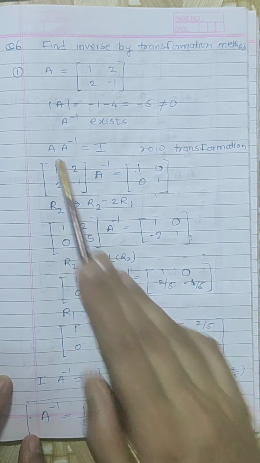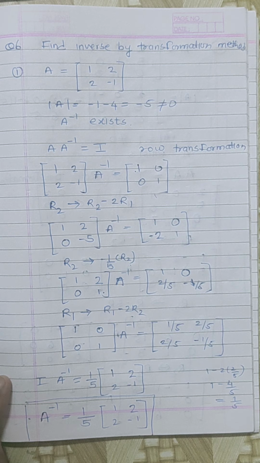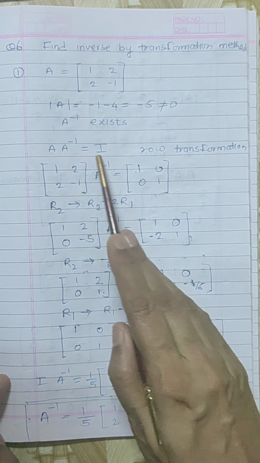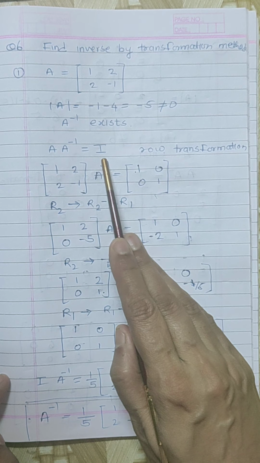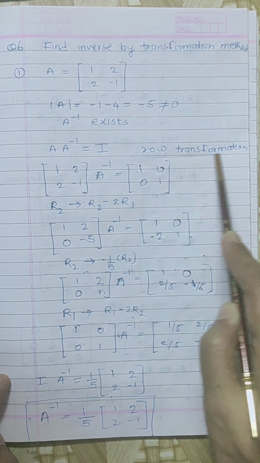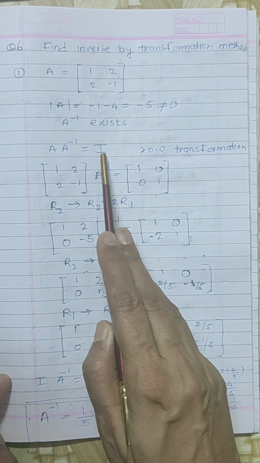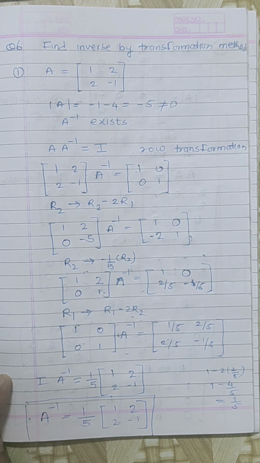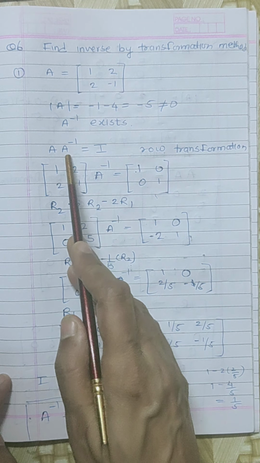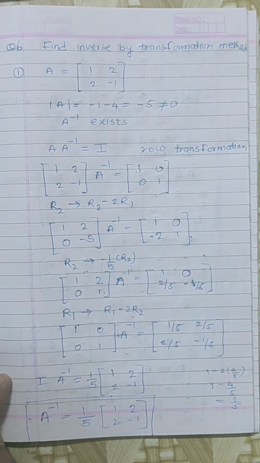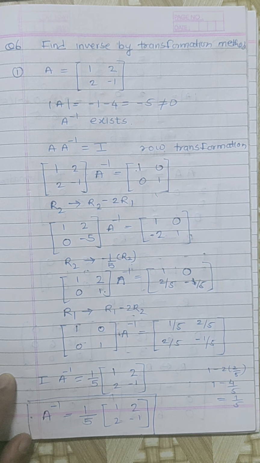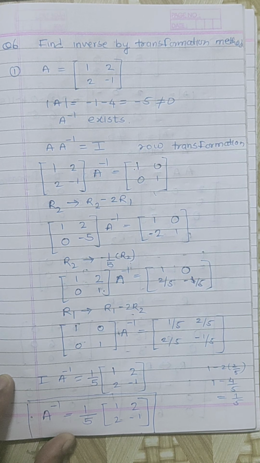Now if you are solving by row transformation, then the formula is A into A inverse is equal to I. Always remember, if you are using row transformation, you have to use A into A inverse is equal to I, and if you are using column transformation, then A inverse into A is equal to I. This interchanges, this goes here and this comes here. So now we are solving by row transformation.